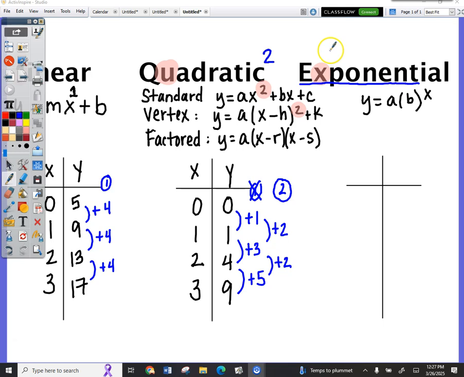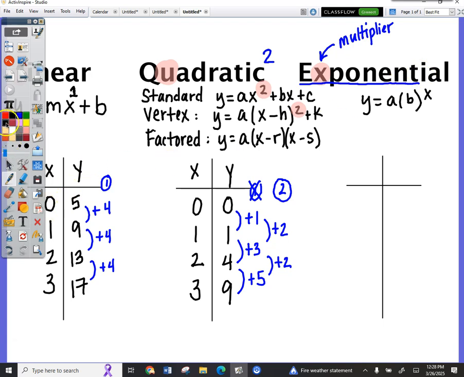Watch this. What is the math symbol? What does X mean in mathematical operations? Multiplication. Which means your table is no longer adding or subtracting the same number. Now it's going to have a common multiplier, okay?